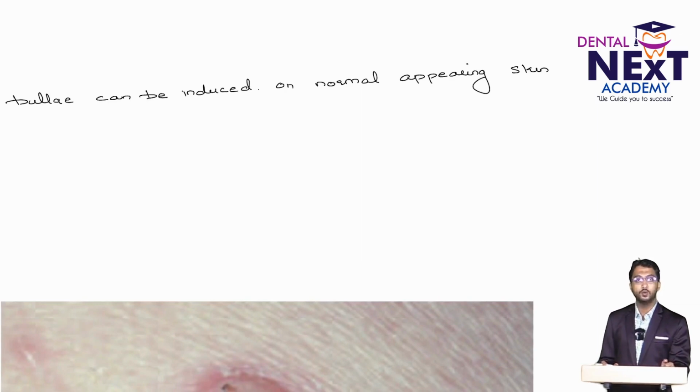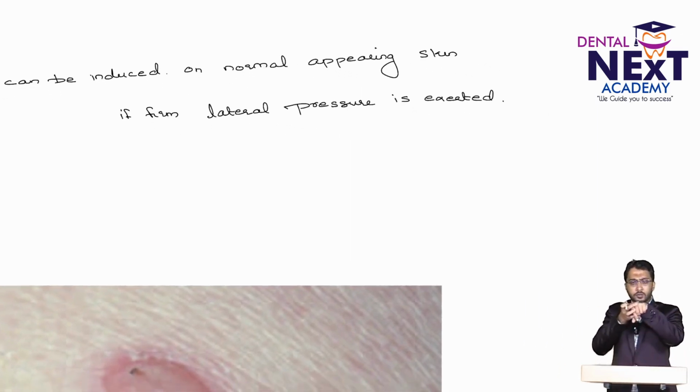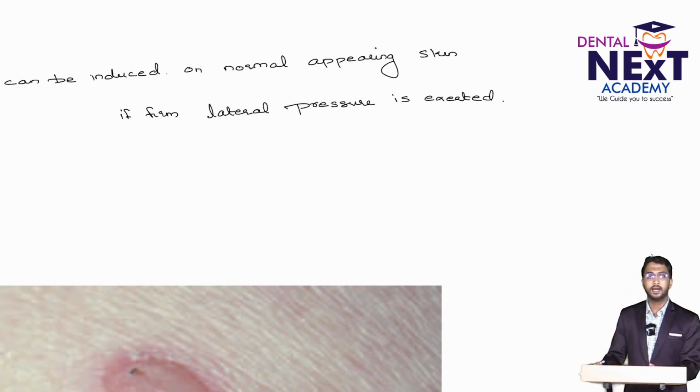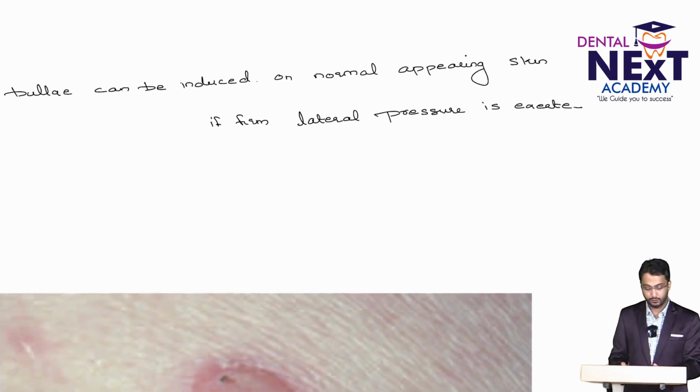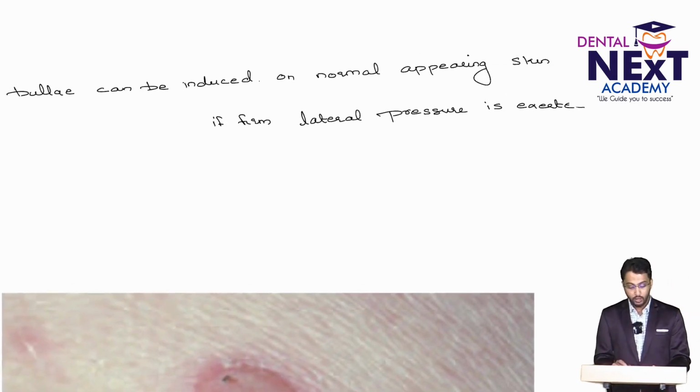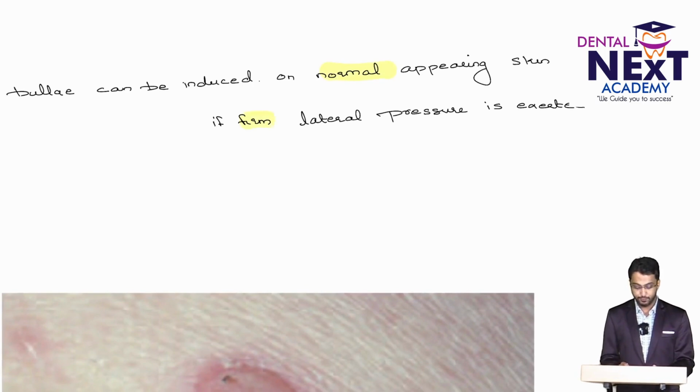You can induce bullae on his skin by applying firm lateral pressure. After a few hours or days, probably the next day also, you can see vesicles and bullae erupting. That's called Nikolsky's sign: bullae can be induced on normal-appearing skin if firm lateral pressure is applied. Currently it is not recommended.